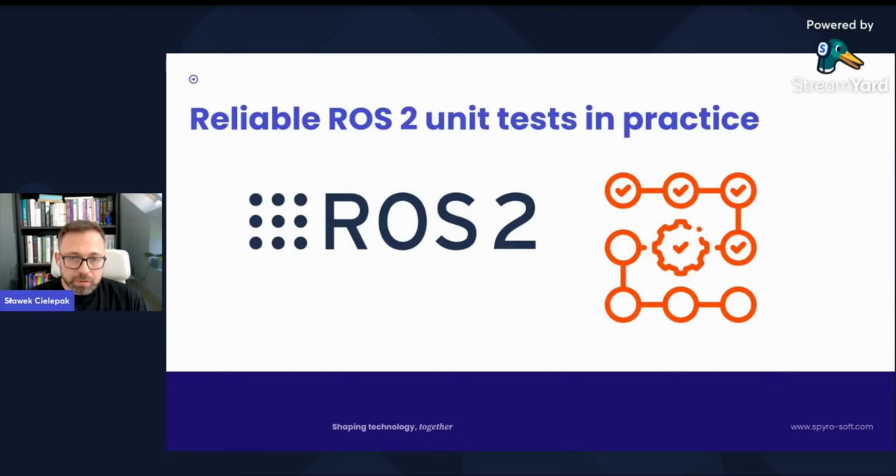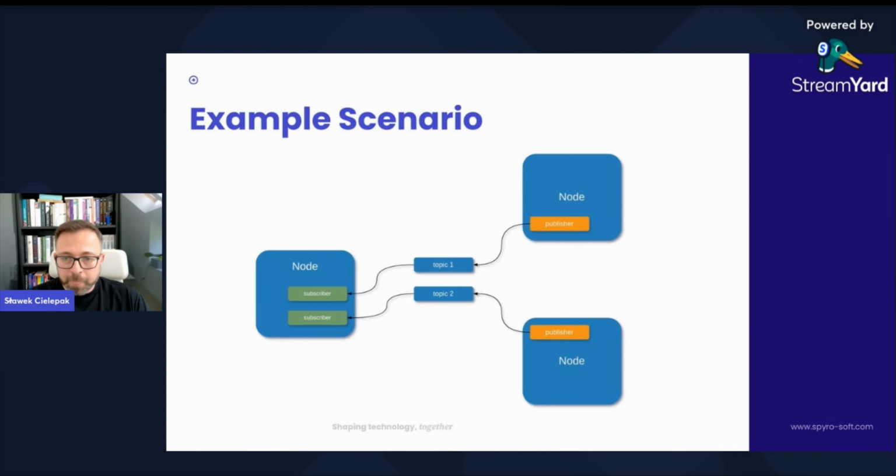So maybe let's start by looking at some real-world problem that you have probably encountered while implementing ROS2 nodes. The example scenario is virtually a node with two subscriptions. It processes input coming from two different topics sent by two different nodes.